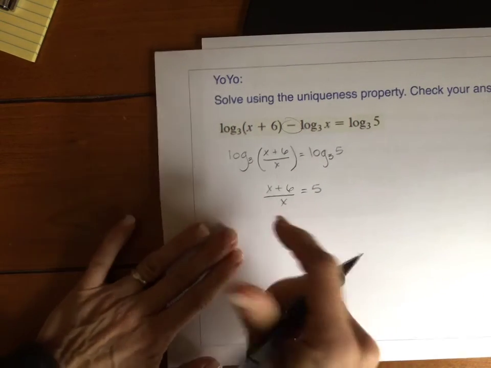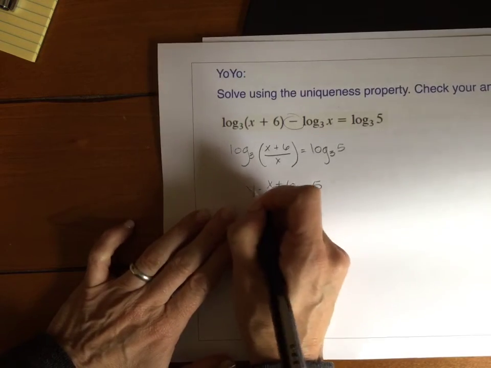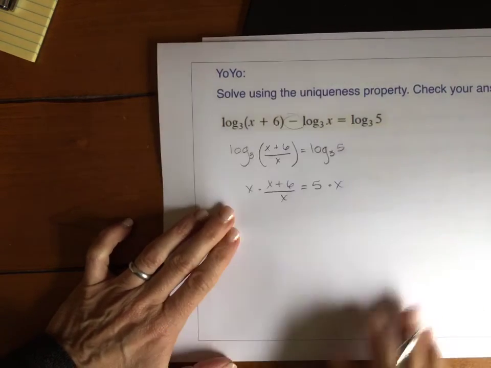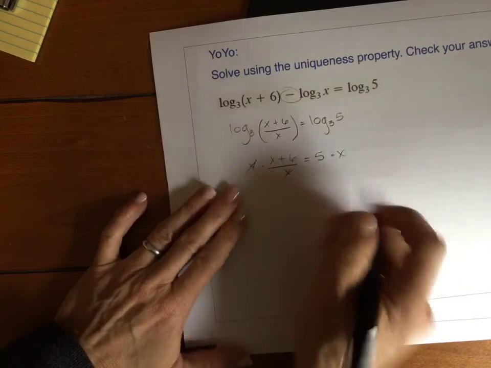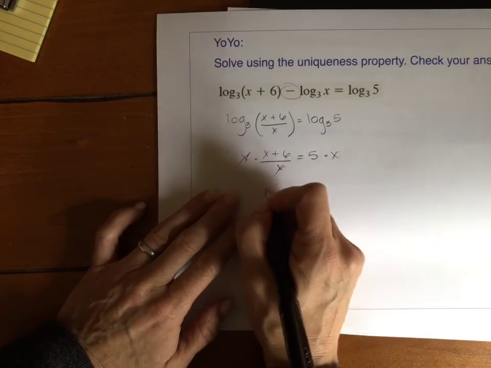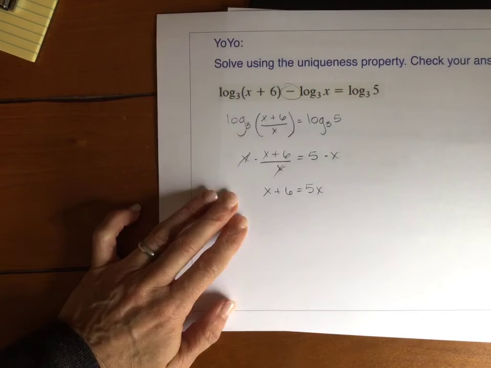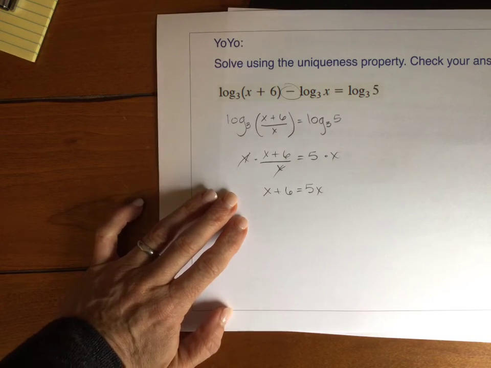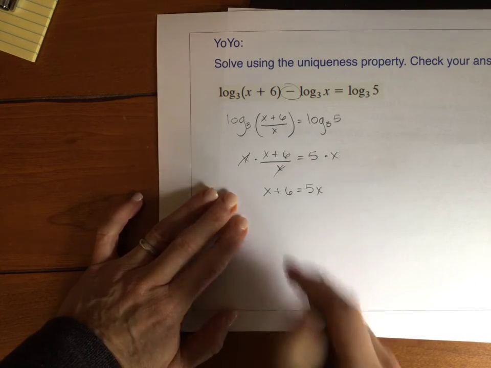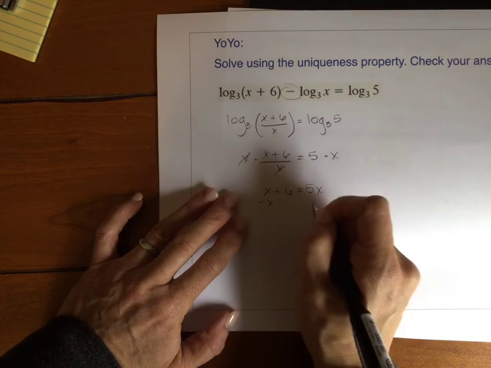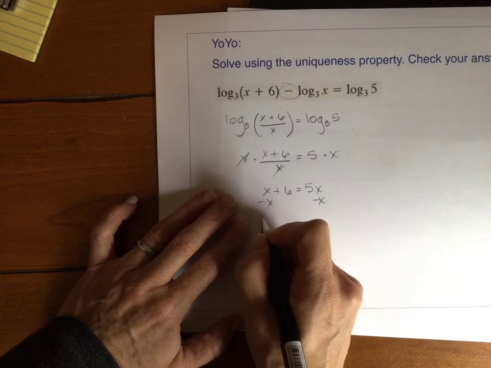Then to get the x out of the denominator, I'm going to want to multiply both sides by x. So here they cancel out. That leaves me with x plus 6 equals 5x. Now I just want to get x's on one side and numbers on the other, so I subtract x from this side.